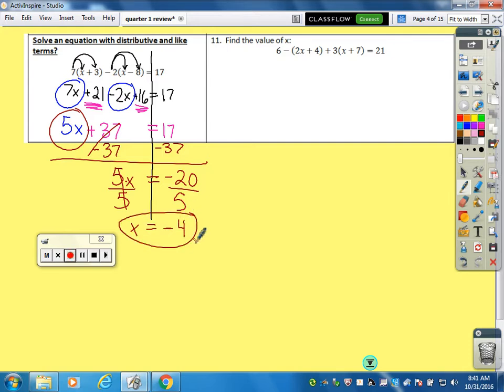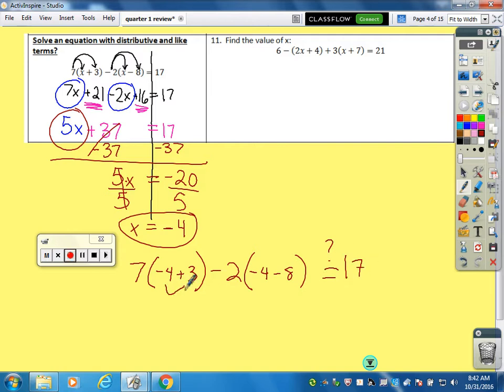You can check that out and make sure it's right by plugging it back in. So if I go back into my equation right here and I say 7 parentheses, instead of the x, I'm going to put what x is equal to, negative 4, plus 3, minus 2 parentheses again, and I've got x minus 8, so I'm going to say negative 4 minus 8. I'm actually going to solve this now with PEMDAS and see if it does equal 17 like it says it should be.